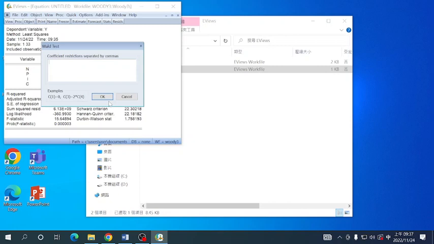You understand what I'm saying here? So I have to say C2 equal to 0, C3 equal to 0.